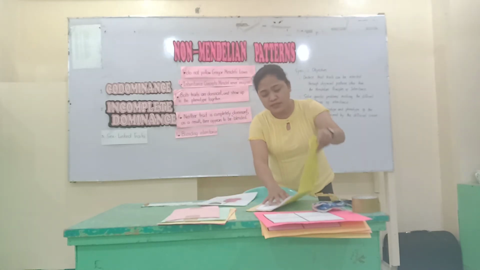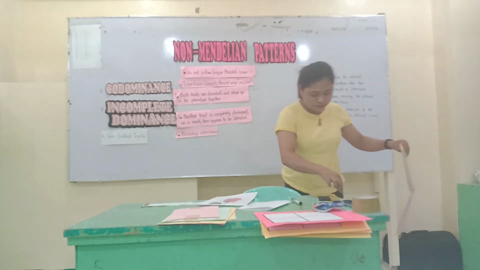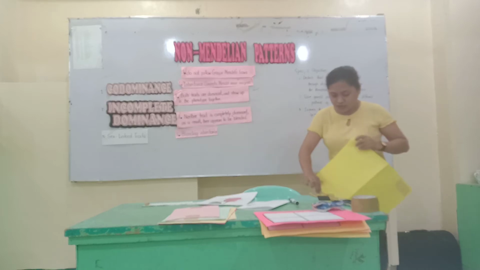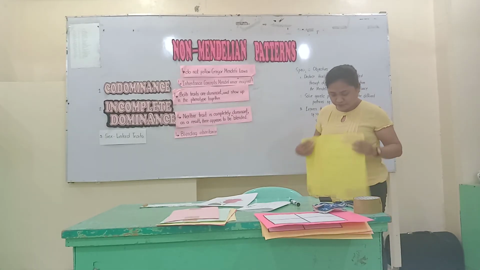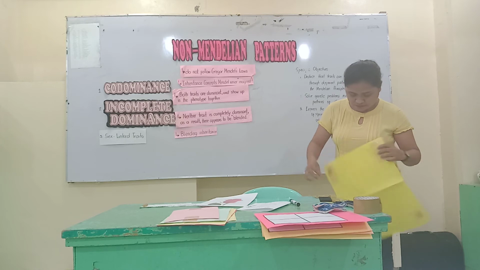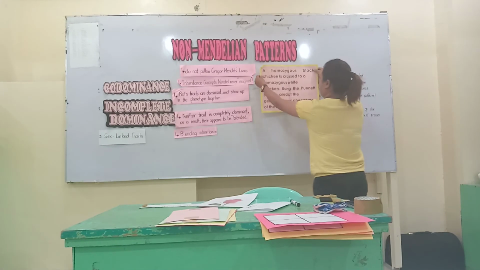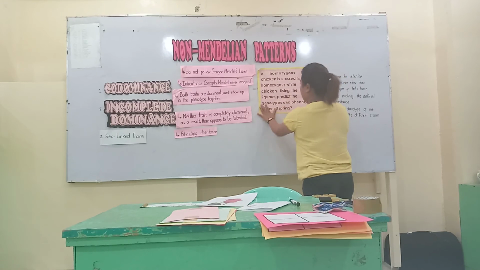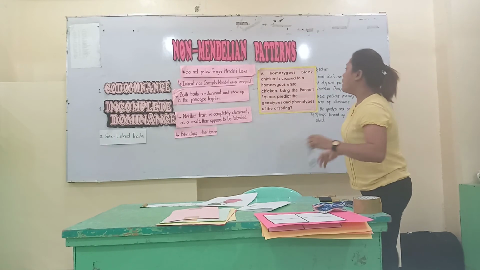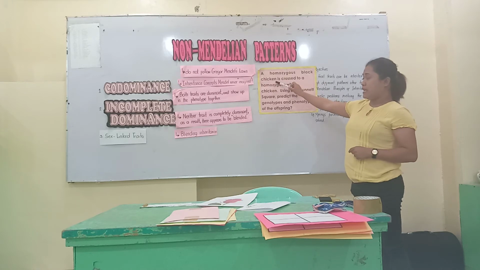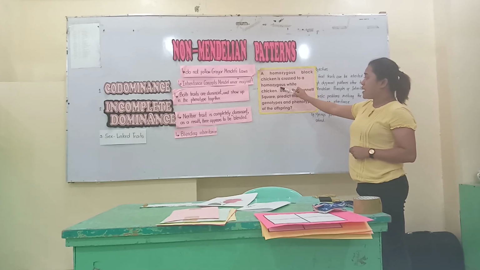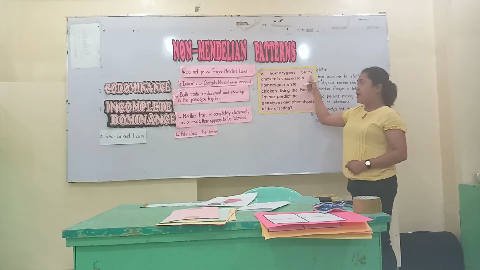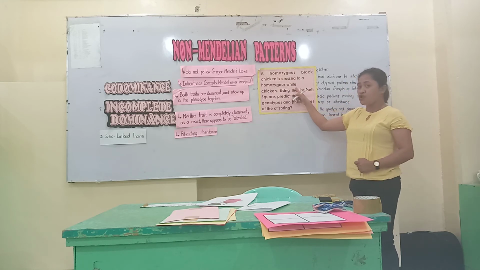Okay, now let us solve a problem involving incomplete dominance. So let us try this example. Again, a homozygous black chicken is crossed to a homozygous white chicken. Homozygous black and homozygous white.